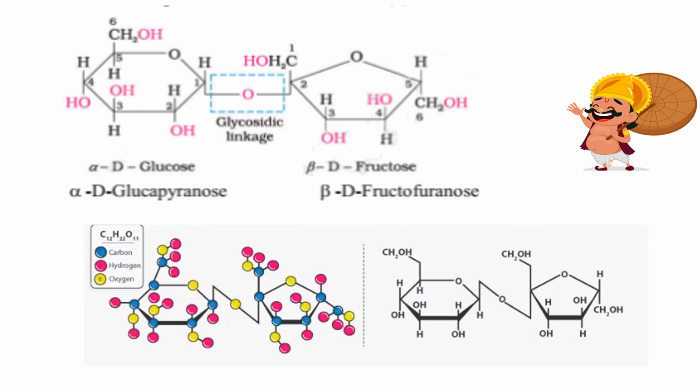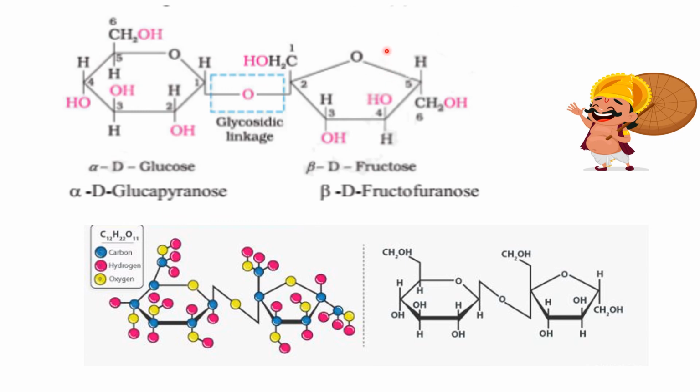See here. See, I am representing in a reverse direction. So here I am numbering 2, 3, 4, 5 in the anti-clockwise direction for fructofuranose, and for glucopyranose in the clockwise direction 1, 2, 3, 4, 5, 6.